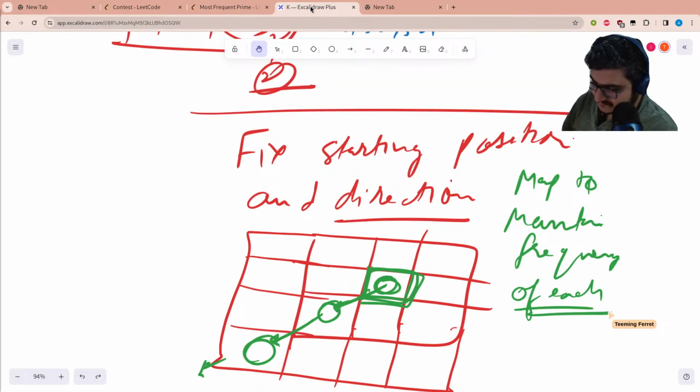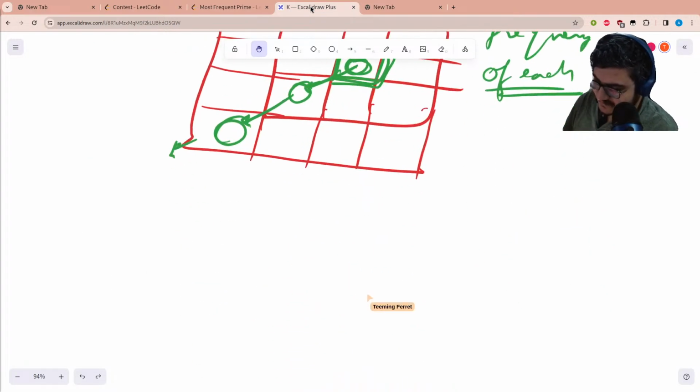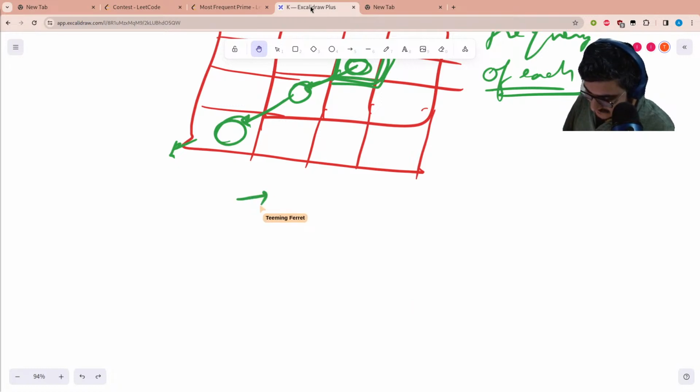Then we need some method to check very fast whether a number is prime or not. If any direction change were allowed, then you would use DFS and brute force all the ways. We also have to check if a number is prime or not with a very fast method.